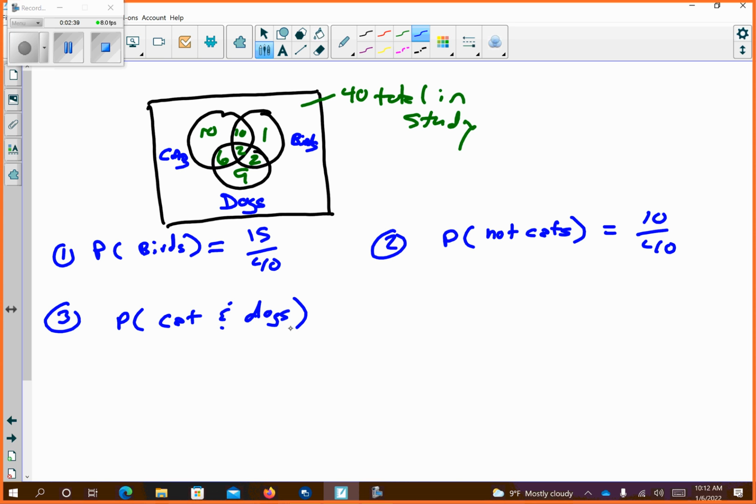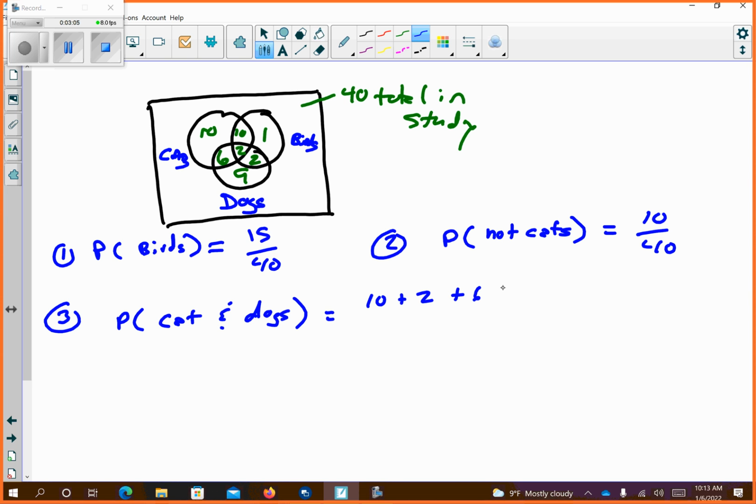We have this one here, these 10 here, and these 2 here. The 10, 11, 12, 13. So there's 13 people in that bird category that also don't like cats and dogs. We can also look at it saying, okay, we know we have the 10 for the cats. We have the overlap in the very middle, the 6.